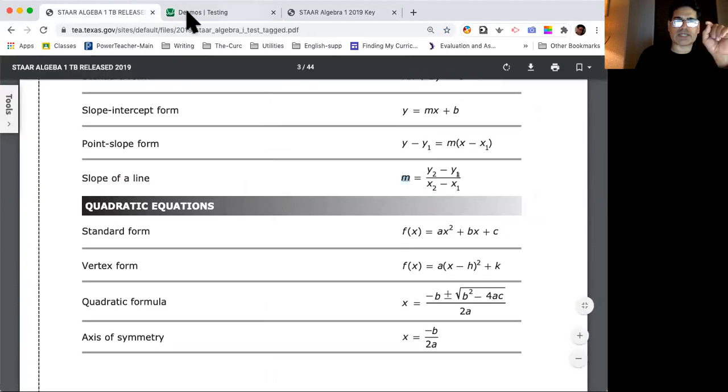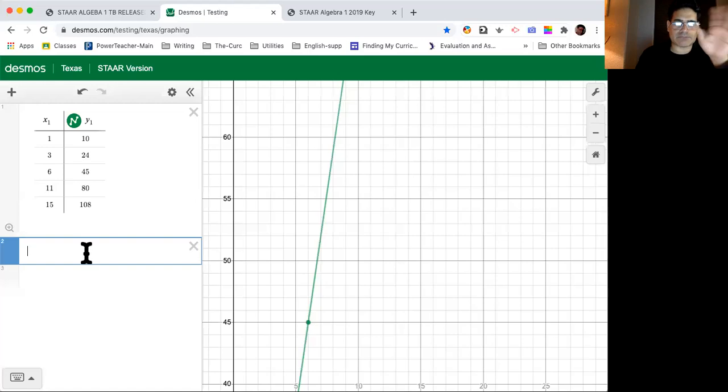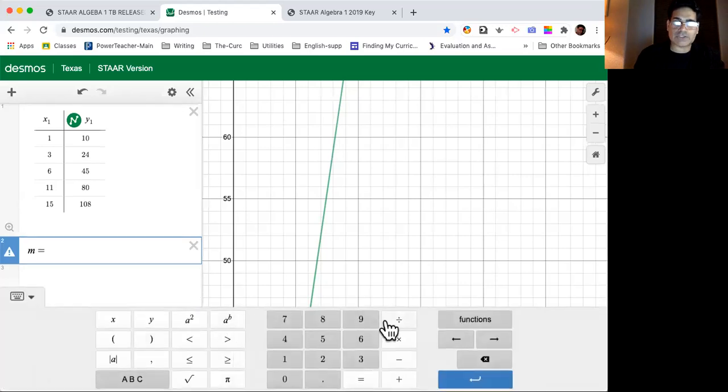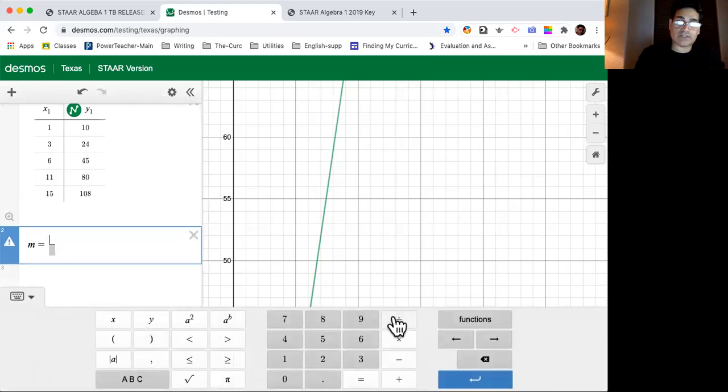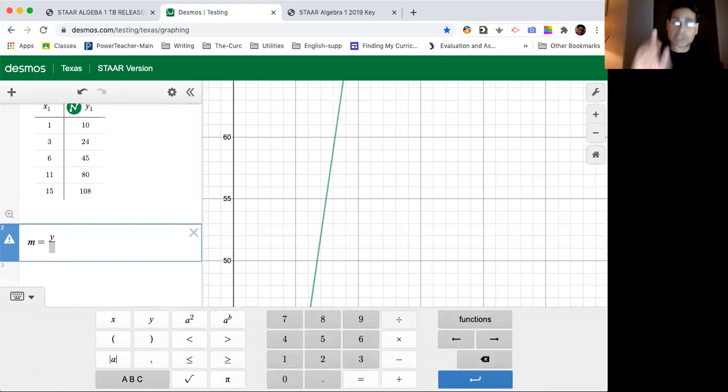Let's build that in Desmos: put that table to the side, the graph to the side, those boxes to the side, and type m equals, then open up this keypad and make a fraction: y2 minus y1.